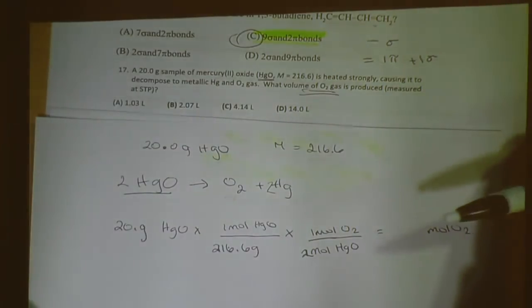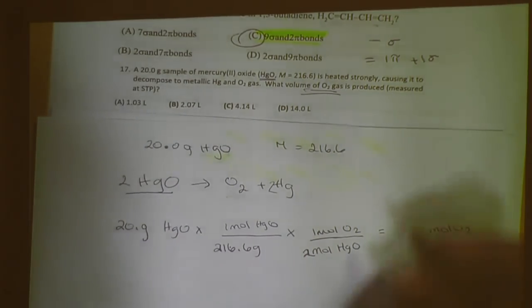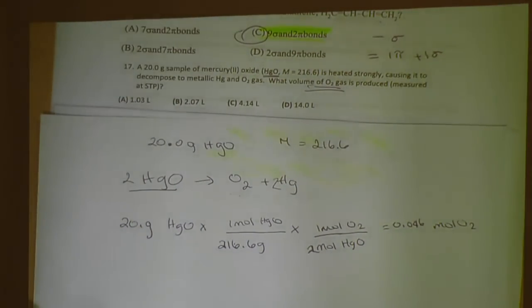So from there, I can figure out how many moles of O2 I have in that sample. 20 divided by 216.6 divided by 2 is 0.046. So I have 0.046 moles of O2.